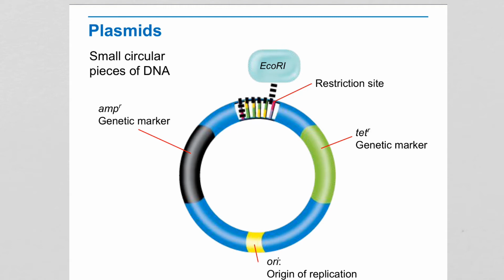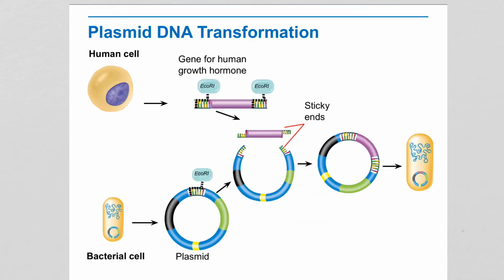So again, I mentioned that we can do this with insulin to help make lots of insulin. We're going to use a special piece of DNA that we call a plasmid. This is found naturally in bacteria. And we can put that insulin in the middle of the plasmid. Shown here is the bacteria cell with the plasmid. We isolate the plasmid, we cut it, and we add our gene of interest. In this case, they're using the example of growth hormone.